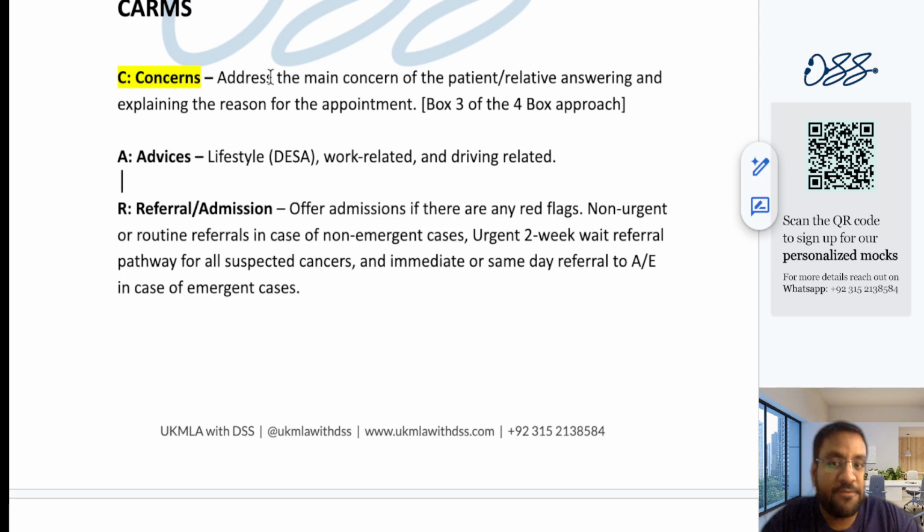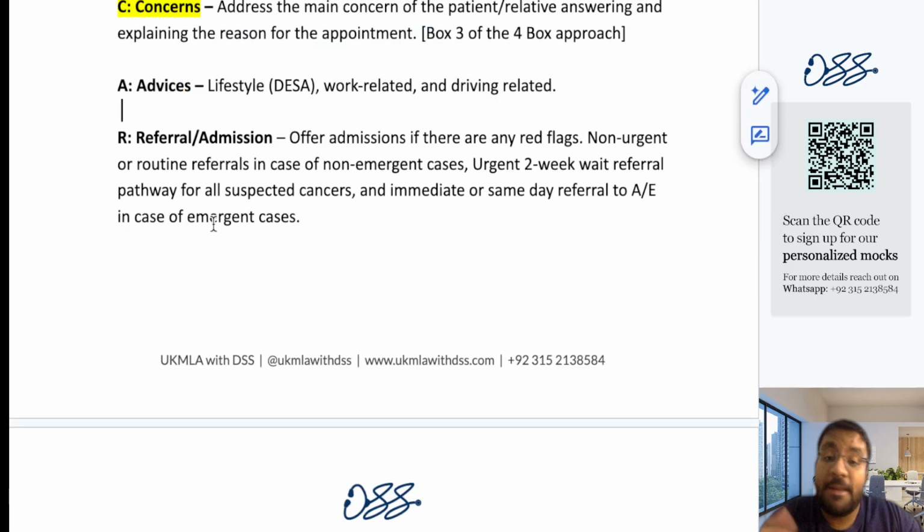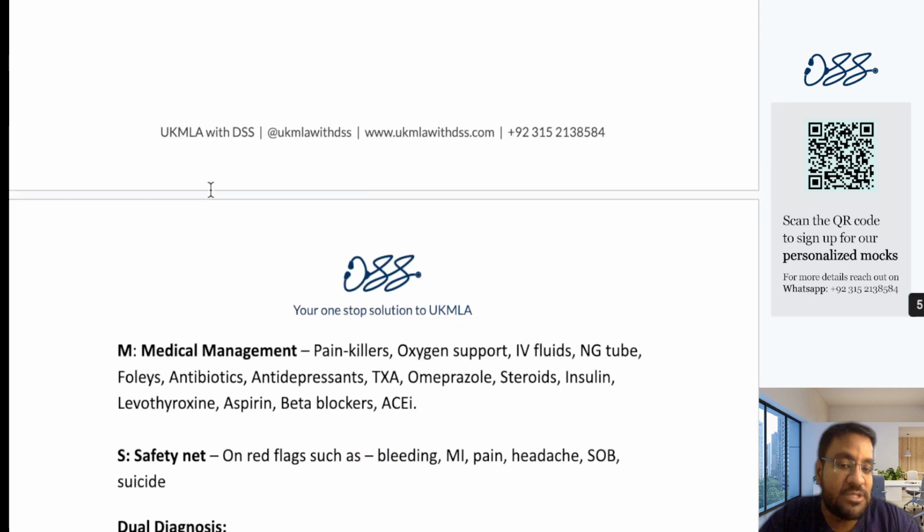So you're trying to address those concerns, you're giving those advices. But you may want to make some reference, like for example, for the diet you may want to refer the patient to the nutritionist. For smoking you may want to refer the patient to the smoking cessation clinic. For alcohol counseling you may want to refer the patient to the alcohol cessation clinic. So you may have to do some referrals.